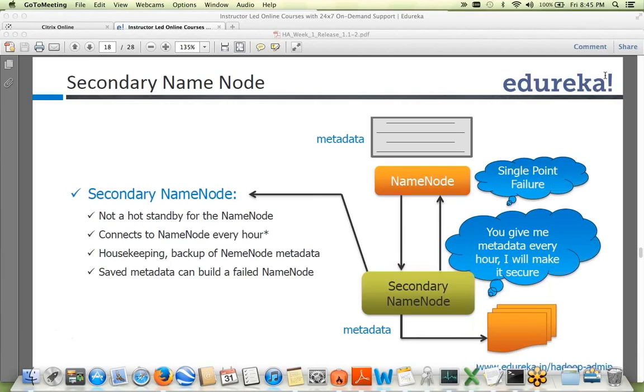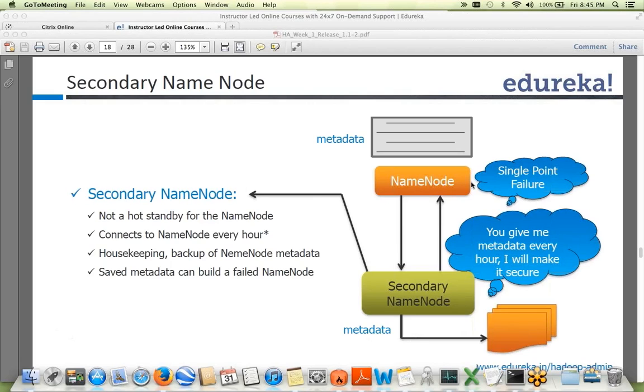That's why I guess name node HA is implemented, because otherwise the name node is considered a single point of failure, and people were not very comfortable installing Hadoop in their production systems. But that's why Hortonworks and Cloudera have worked on HA solutions, and now we have name node HA, and that takes care of this problem. But that is Hadoop 2.x deployments. But in Hadoop 1.x, it's still name node and then a secondary name node.